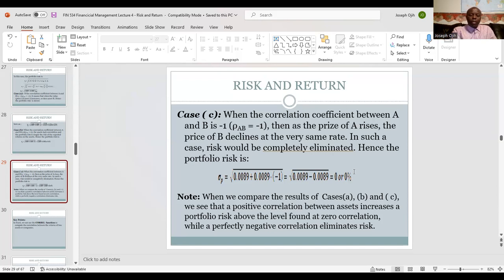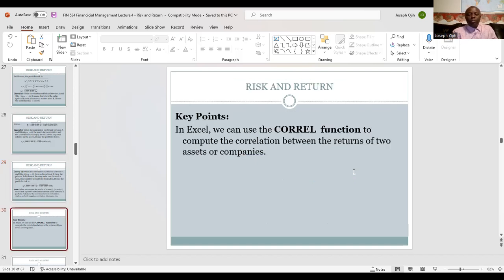So that's why I explain, I give you the example. Real life companies choose how to diversify to reflect negative correlation between the individual companies that make up their portfolio.